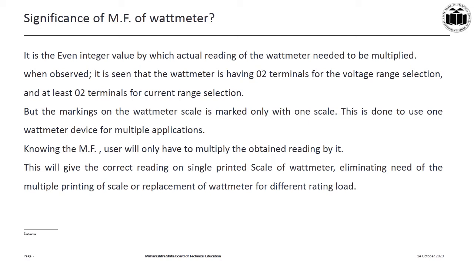But one cannot change the printed scale on the wattmeter. So, that time multiplying factor comes into the picture. It is a number by which the reading shown by the pointer on the scale is multiplied to get the correct value of power while noting down the reading.